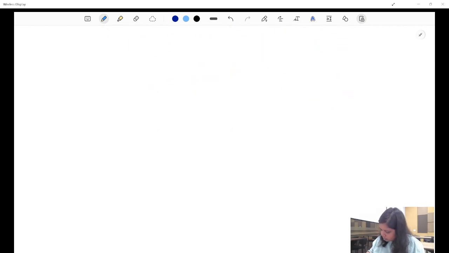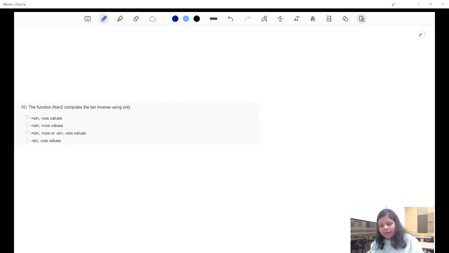Now, atan2, I already said that it takes the positive sine and positive cos values. This is the function in MATLAB. I think you should use this to see what answer you're getting and play with it.